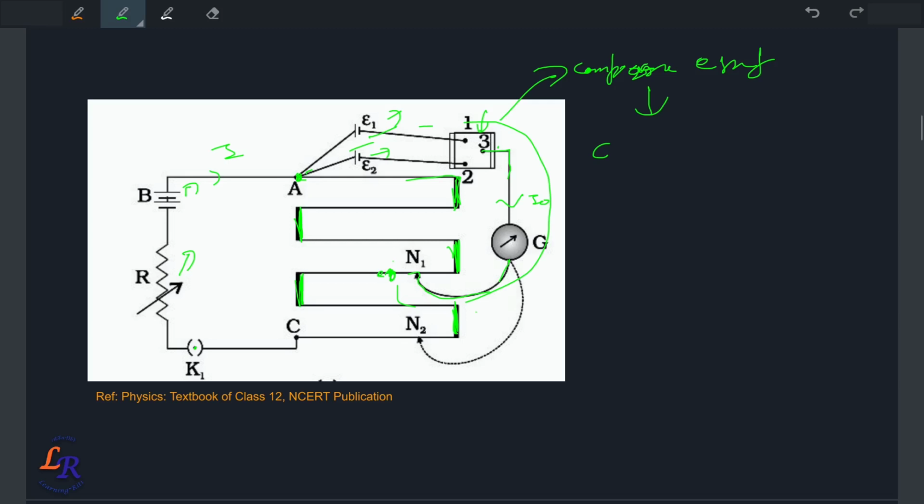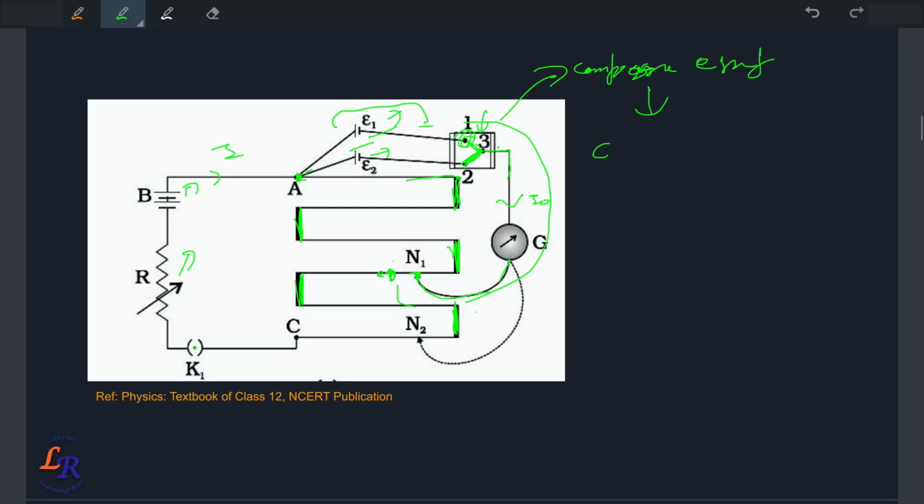Let's say these are the two cells which are connected, and the jockey is connected at position n1 at first, and the galvanometer reads 0. Taking this loop, first you connect one cell through the two-way switch, so either you connect here or here. Say first you connect here, then epsilon 1 is in your circuit, and you form a closed loop through this wire.